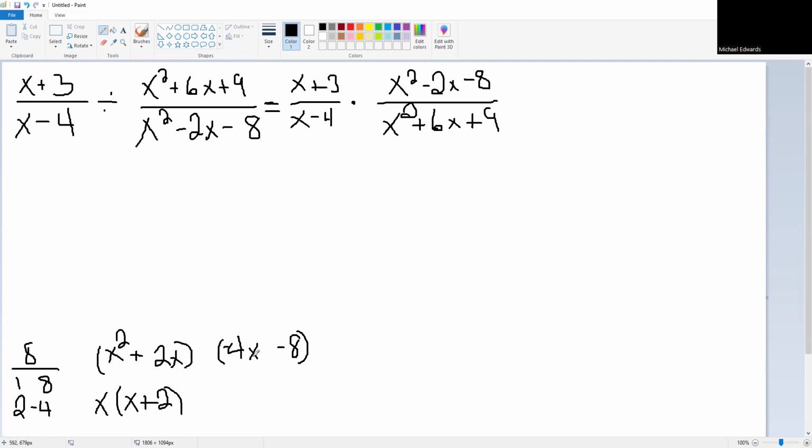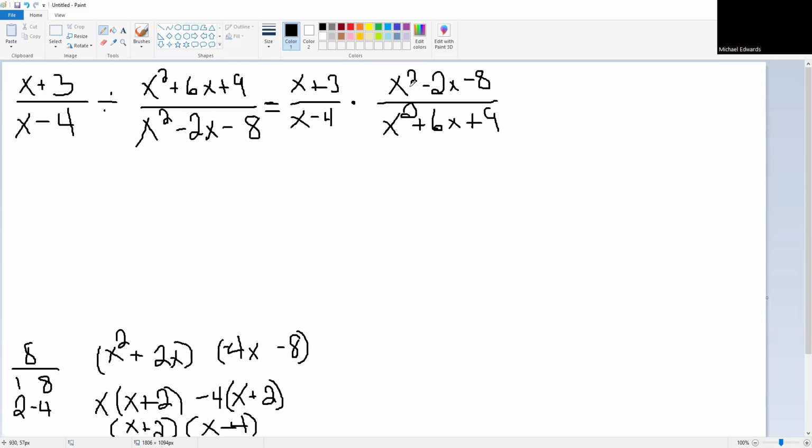This one would be 4. Let's do a -4. It'd be a -4. This would be x plus 2. And that makes x plus 2, and then x minus 4.